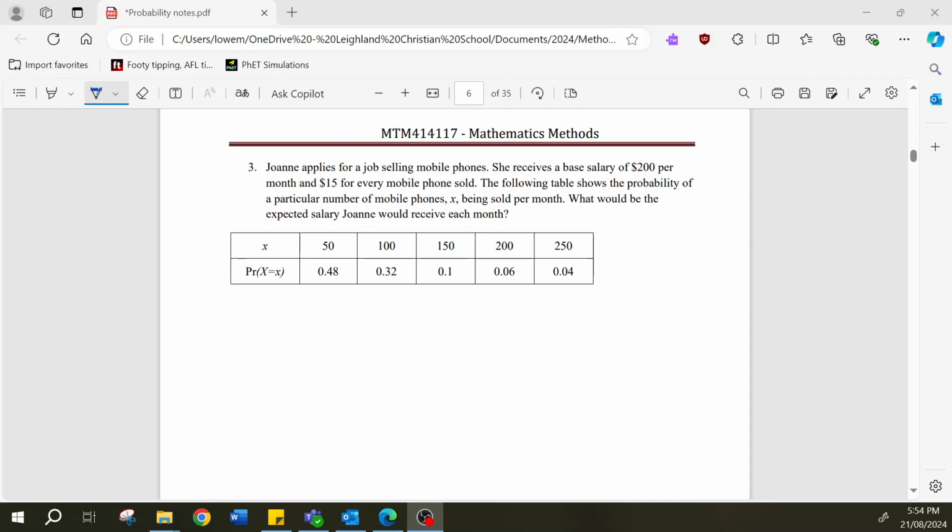Okay, and here's the probability for them. What would be the expected salary that Joanne would receive each month? So first of all, we've got here X. X represents the number of mobile phones.